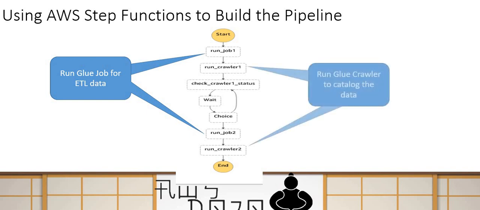And then you also run a couple of crawlers, and these crawlers are responsible for just cataloging the data. So generally in any ETL pipeline, you will be running these crawlers and Glue jobs in a certain sequence to complete your ETL pipeline. We will be building one such pipeline towards the end of the presentation to demonstrate how it works.